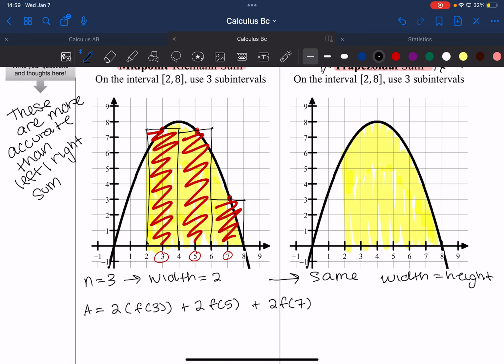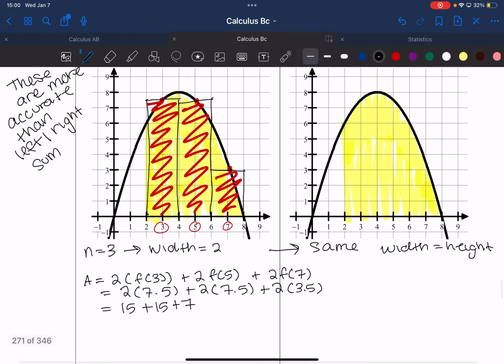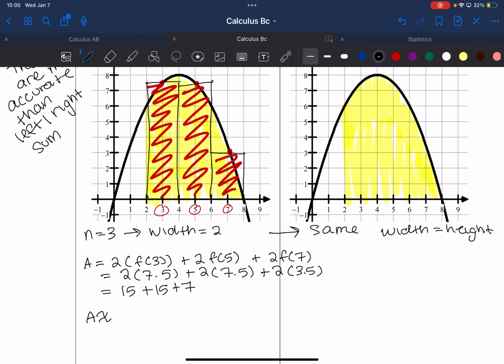Okay. This would be one where I would use the formula because if you notice some of my points are not exactly or exact points on that y-axis. So if you were to plug them in, this would be 2 times 7.5 plus 2 times 7.5 plus 2 times 3.5, which is 15 plus 15 plus 7, which gives us an area approximation of 37 units squared.